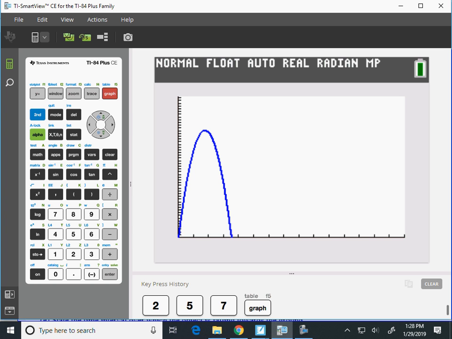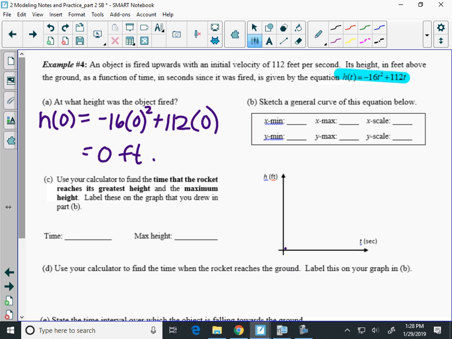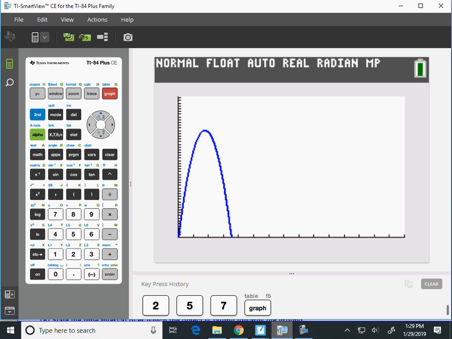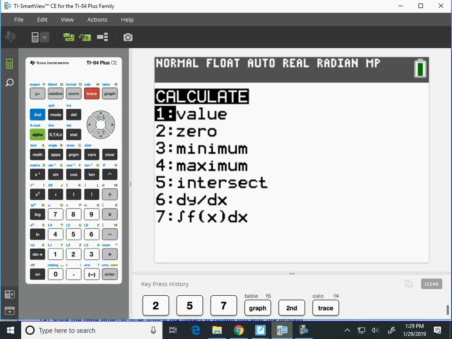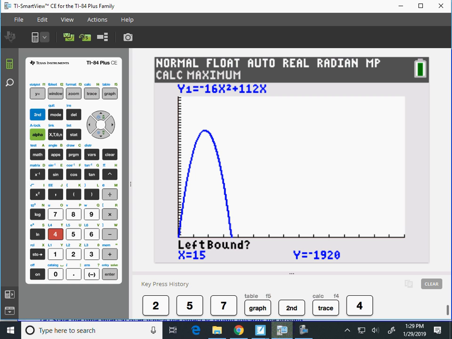All right, so we have our window here. When we make this picture, we can sketch it on here. It looks something like this. I'm going to ask you to find a couple of things. The first thing is to find the time and the height that the rocket is at its maximum. So I want you to take a second and trace the maximum value, and we're going to check it when we're done.